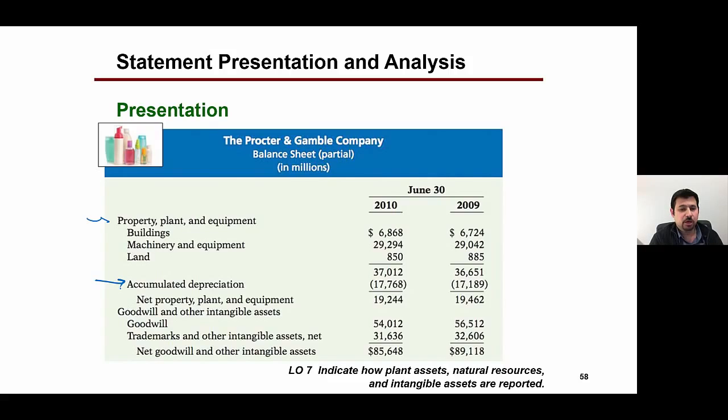So here the company has reported accumulated depreciation for the entire PPE section, and then the company would be looking at the book value, which will be this value minus accumulated depreciation.